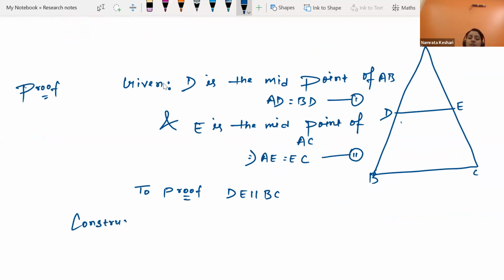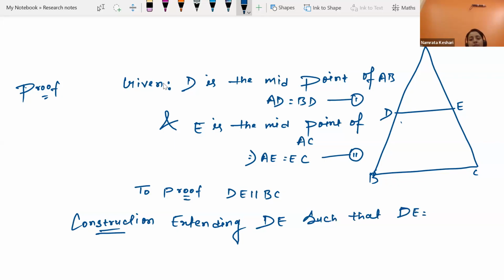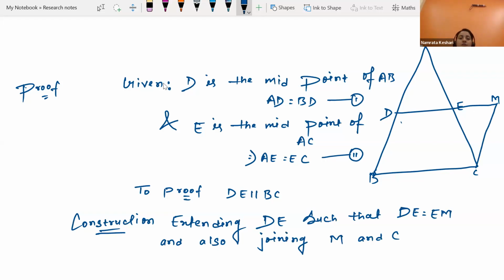Construction: extending DE such that DE is equal to EM, and joining M and C, like this. Okay, this much construction we have done.